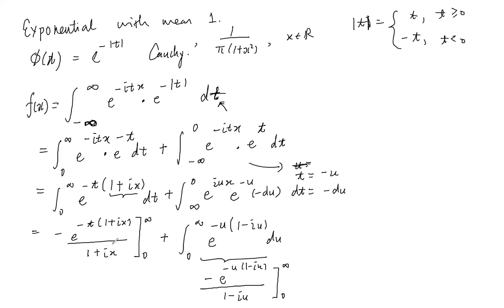Right. Okay. So from here, we know that this thing here will be basically 1 over 1 plus ix, right? And over here, this is the same, plus 1 over... let me see, it should be... sorry, that's an... so this is an i, this is an x, okay, an x.